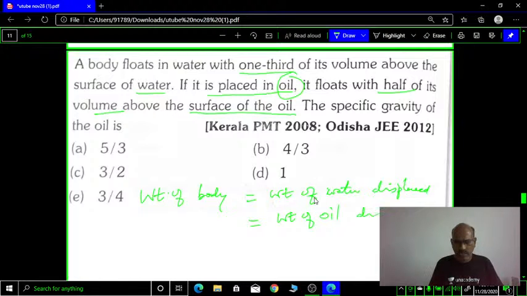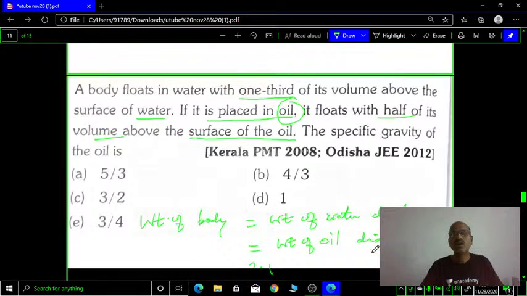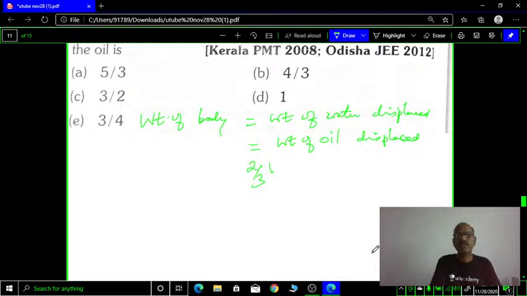Both cases are given. The weight is m g. We have the first condition: 1/3 of its volume above the surface, which means the remaining 2/3 will be inside. Weight equals volume into density into g. Now see.